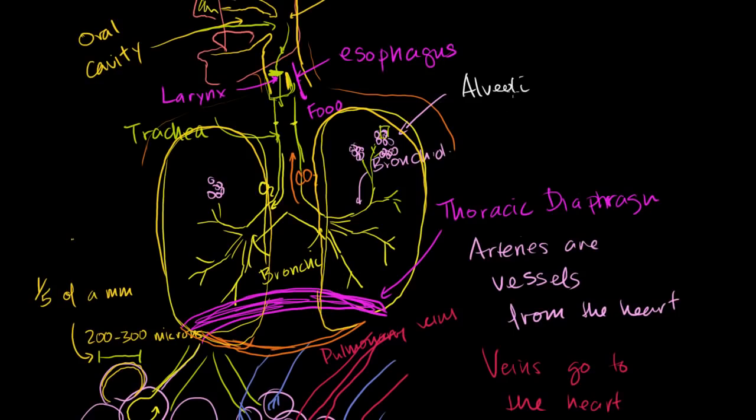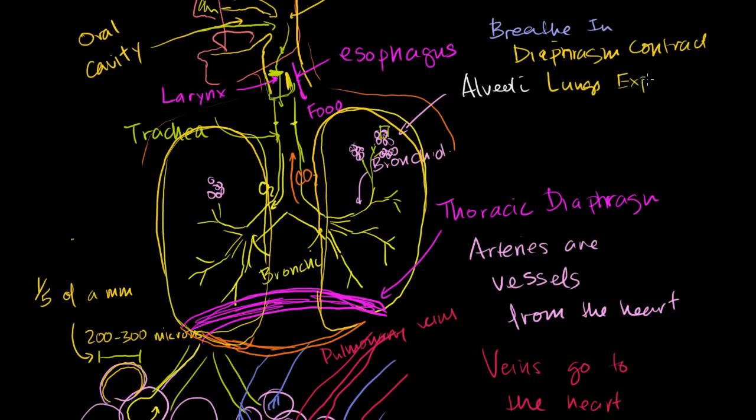So let me write this down. When we breathe in, our brain is essentially telling our diaphragm to contract. So diaphragm contracts. We have more space around our lungs. Our lungs expand to fill the space.